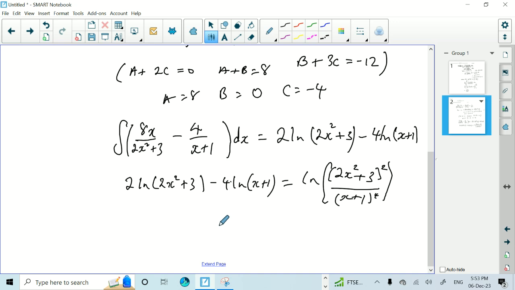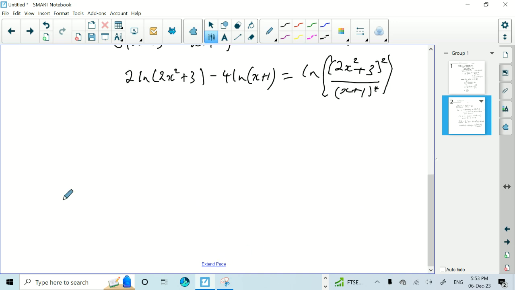Now, with the limits, you need to write out your limits here.